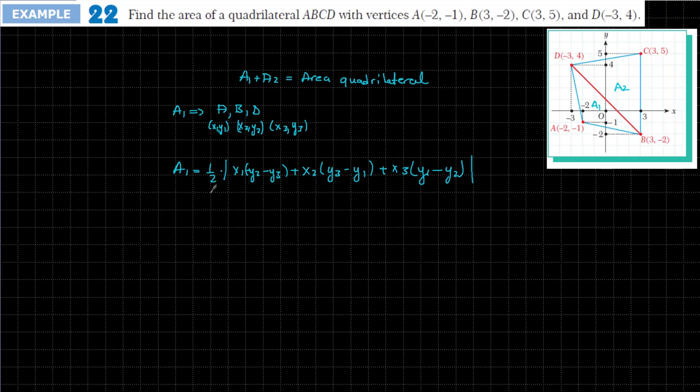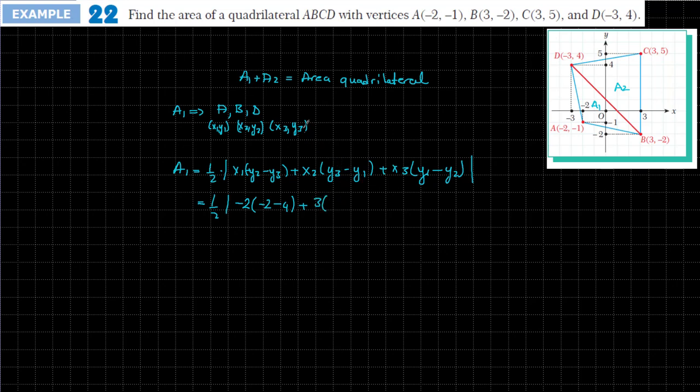So with respect to these, it is 1 over 2 times x1, here the coordinates of A, minus 2, times y2, which is equal to B, which is equal to minus 2 here, minus 2 minus now the coordinate of D, which is equal to 4. Then plus x2, the coordinate of B, I mean the x coordinate, which is equal to 3.